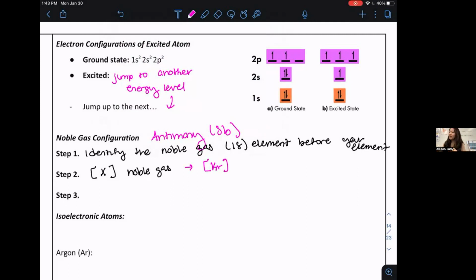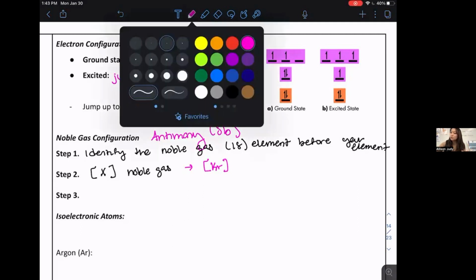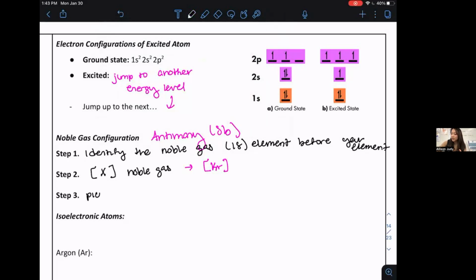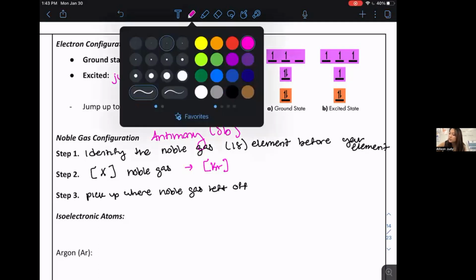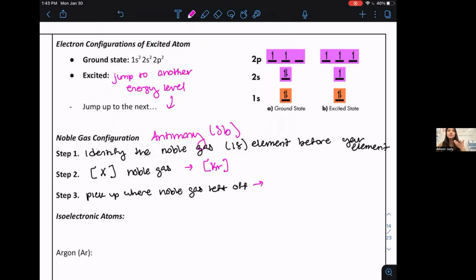Krypton. What that does is that bracket right there tells you all of the electron configuration that would be required to write up to krypton. Bam, done. You don't got to write it. It's there. Now what you do is you pick up where the noble gas left off, until you get to the element of your choosing.